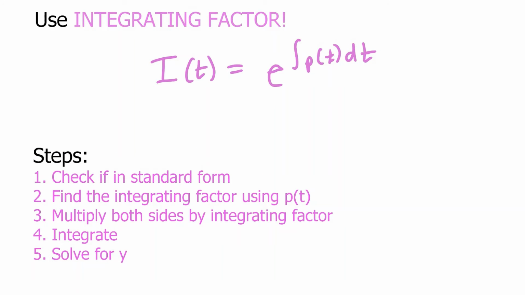So the steps are: number 1, check if your equation is in standard form, because we need to find that p(t). 2 is find the integrating factor using p(t) from the standard form. Third is to multiply both sides of the equation by the integrating factor that you just found. 4 is to integrate both sides, and 5 is to finally solve for y.